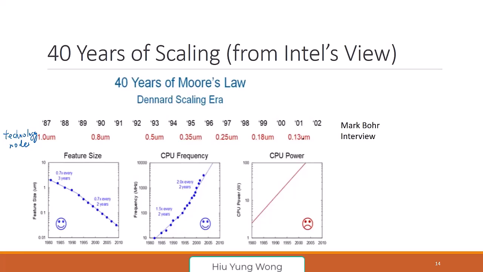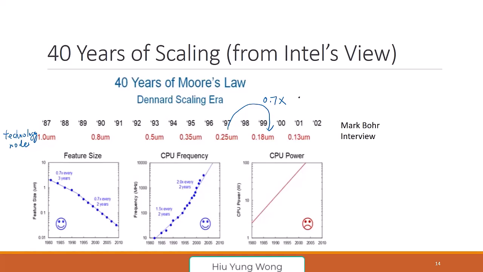In the old time, you see from one generation to another generation, for example, 0.25 to 0.18, the scaling is 0.7x. What is the meaning of 0.7x in the scaling? What's the meaning for the area?